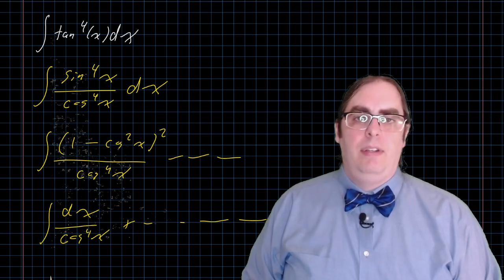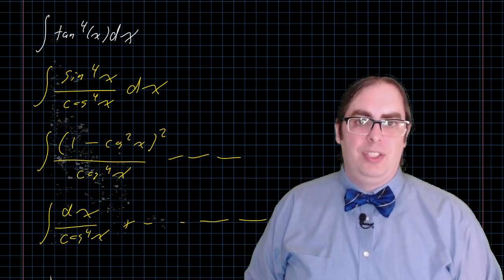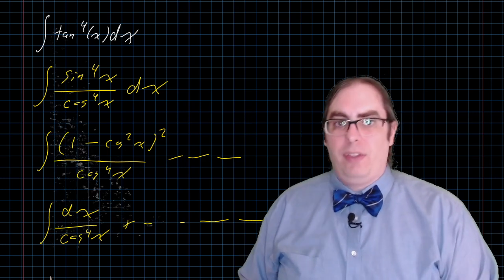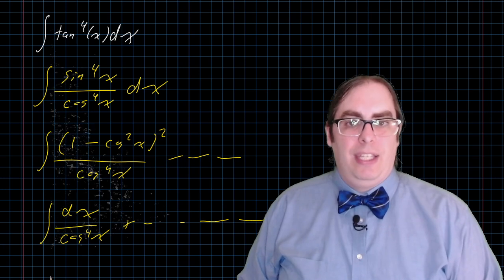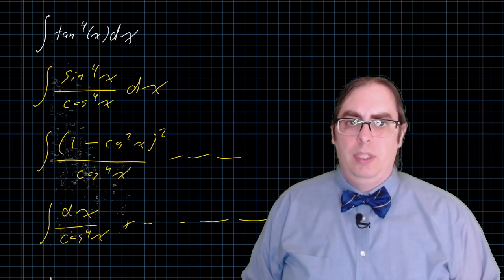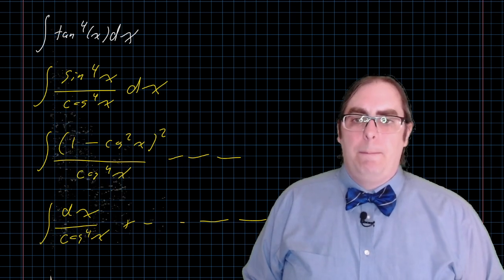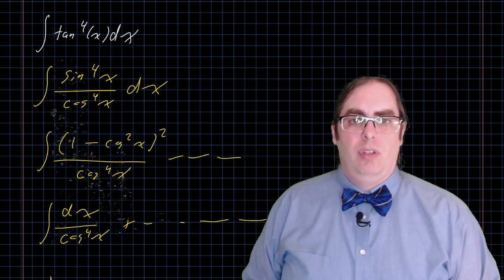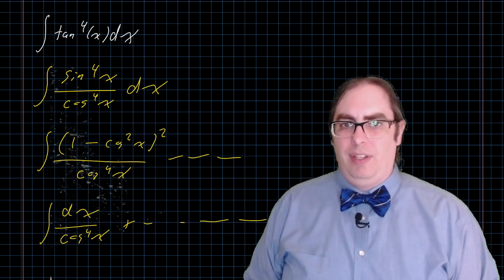If you have a factor of secant times tangent that you can bring out, and then you can get everything else in terms of secant because you have tangent to an even power left over, that works out nicely. If you can get everything in terms of secant squareds, that tends to work out nicely.